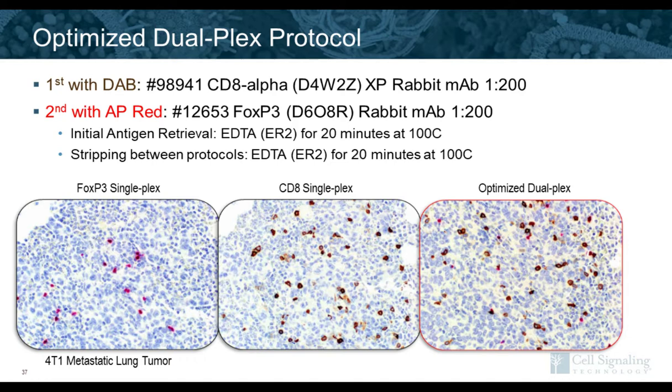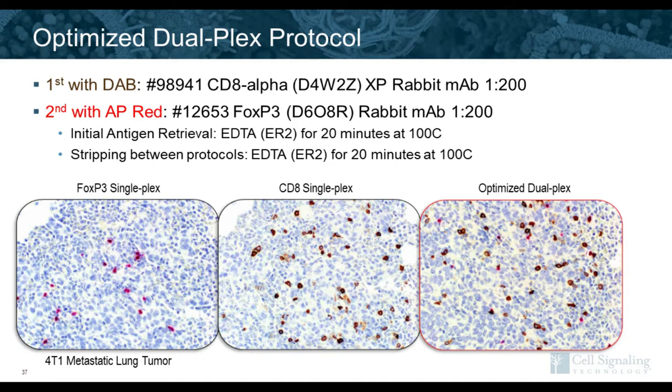I'll also note that the application note that I showed when I first started this section was of staining of CD8 and PD-L1, and that describes a manual dual-plex IHC assay. And that is available on the CST website, and I'll provide a link to that shortly. But the key point is that it's not necessarily the assay type, whether it's manual or automated.